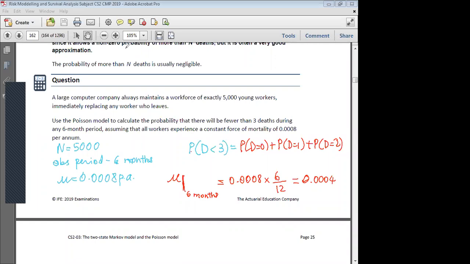So how do you guys think I should go on to calculate my lambda here, which is the expected rate of death? It was something like mu times the expectation of the central exposed to risk, right? What do you guys think will happen in this case?